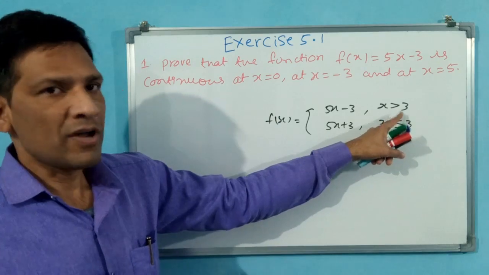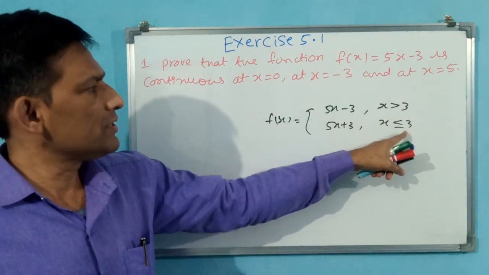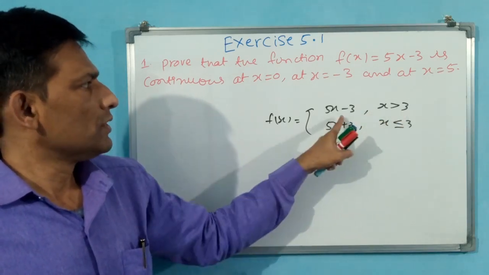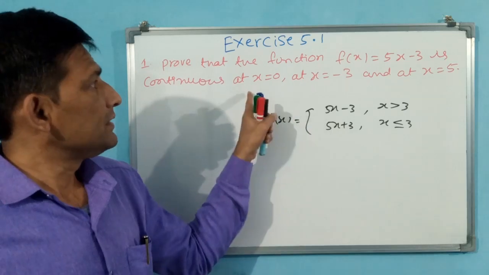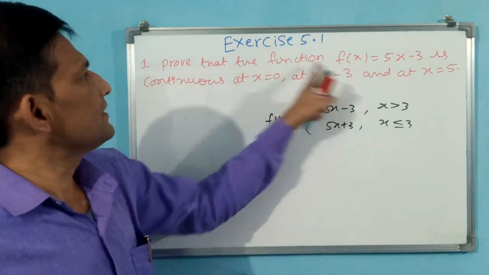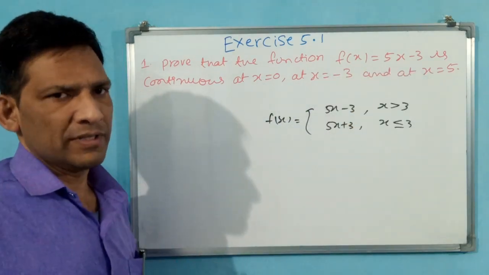See here, these are domains. Input means domain. If less than or equal to 3, give 5x plus 3; greater than 3, if you give 5x minus 3, then the function is going to become discontinuous in this case. But this case is not there here. This is a simple case, and a simple case means this is continuous only.